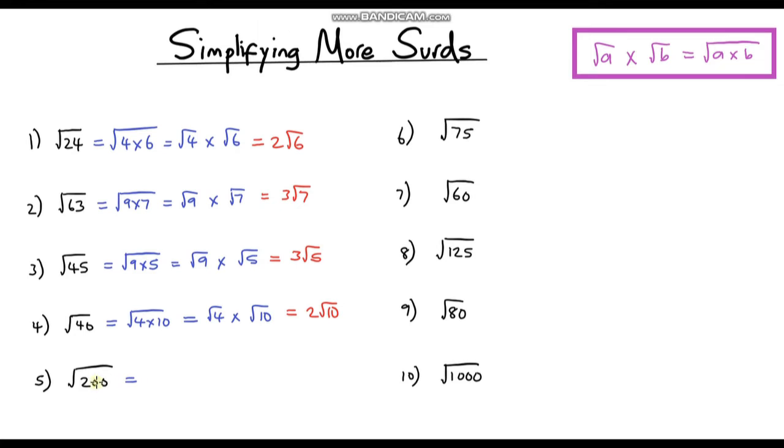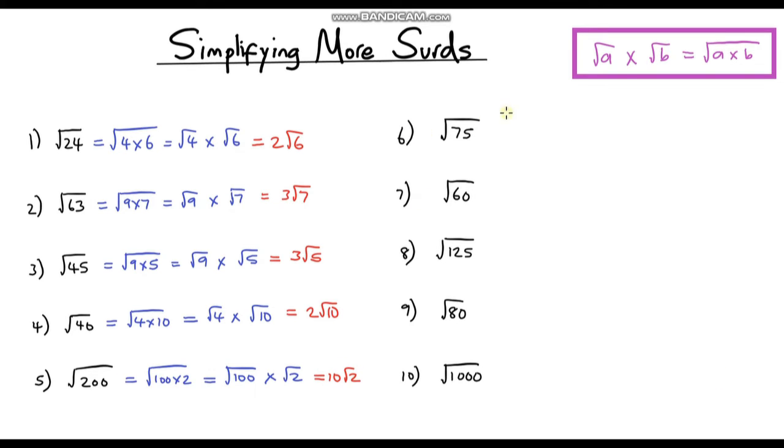Okay, the next one, the square root of 200. Well, this number, although it's quite big, I know that 200 is 100 times 2, and 100 is a square number. So this is going to be the square root of 100 times 2, and now we can break that down into the square root of 100 times the square root of 2. And the square root of 100 is 10, so this just becomes 10 root 2.